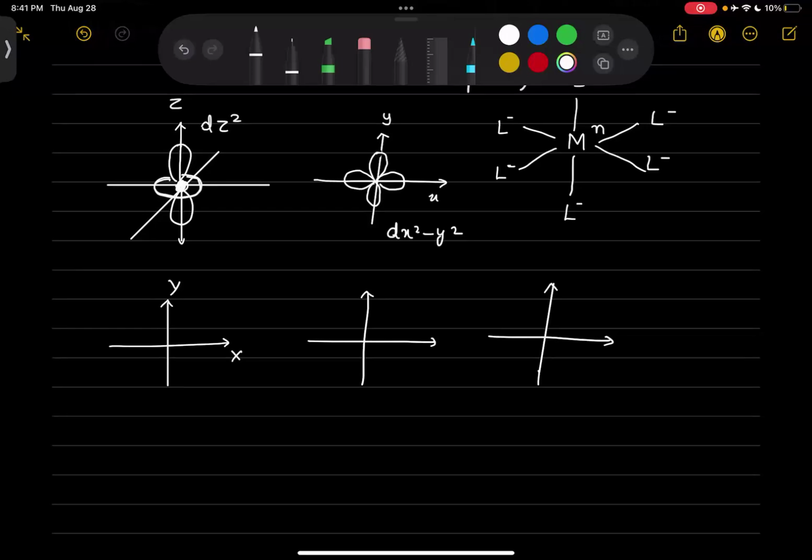Okay, dxy. It will have 4 lobes, and the electron density will not be along the x-axis and y-axis, but in the middle. Y and z axis. Okay.